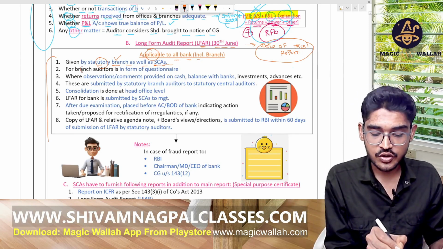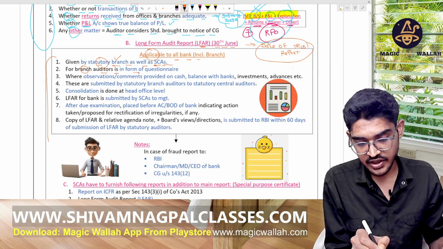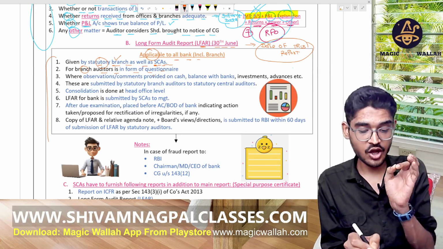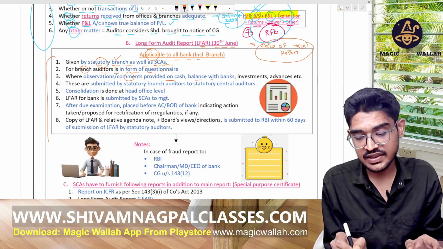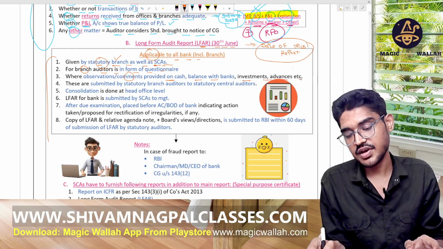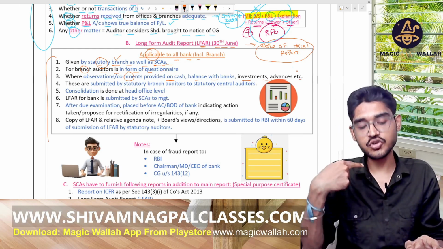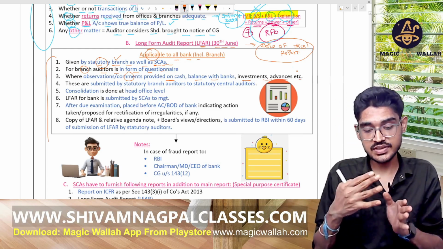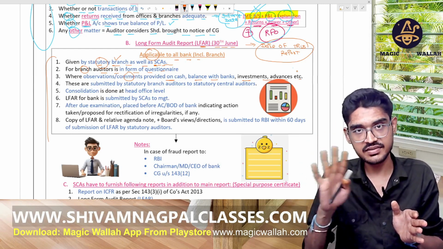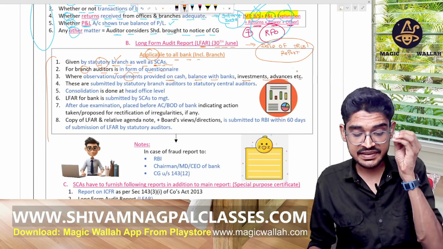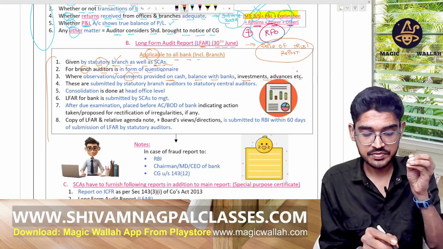For the branch auditor, it is in the form of a questionnaire where the observations and comments are provided on the cash, balance with the bank, investment and advances. Simple. These are submitted by the statutory branch auditor.